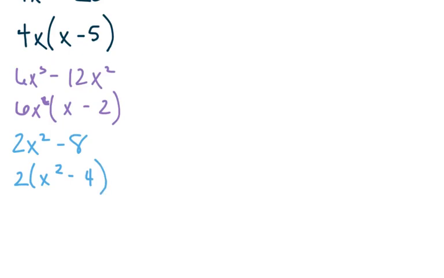Now this is a difference of squares, a squared minus b squared. If you have 2 squared terms being subtracted, you can factor them to a minus b times a plus b. So this is going to factor to x plus 2 times x minus 2. So 2 times x plus 2, x minus 2.